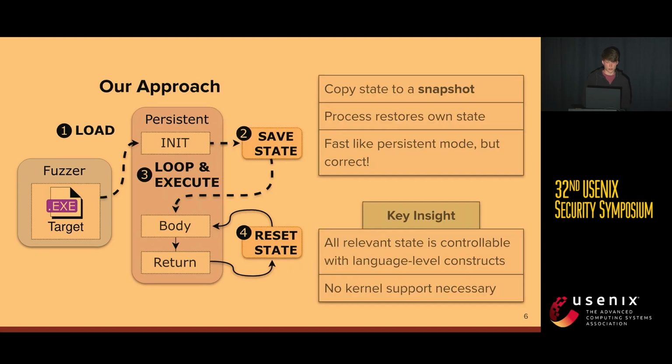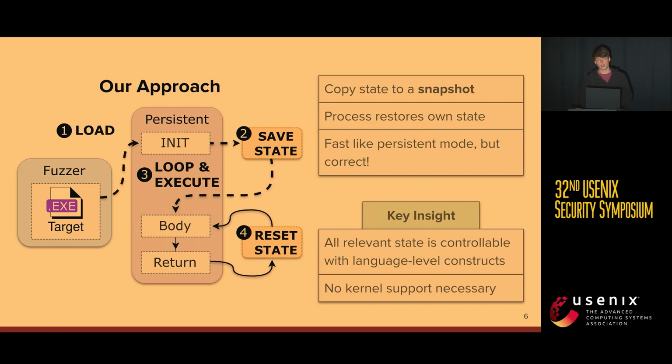That brings us to our approach in a nutshell, which is adding two steps to persistent mode. We load the target binary into a new process and let it initialize as normal. Once it's initialized, it's in the state that we want it to be in every time we run the body, or the code that we're testing.